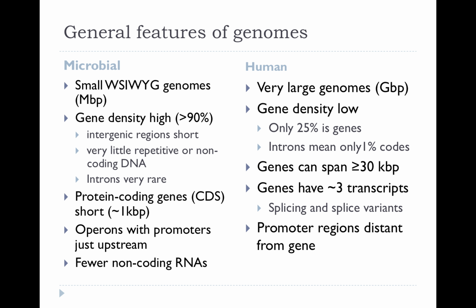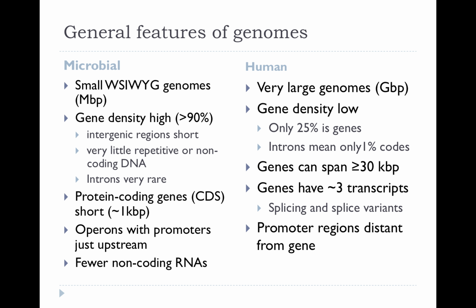Whereas in the human genome, we have all these genes that are spanning massive distances, tens of kilobases, and you also get splicing out of the introns, but you can get differential splicing, so you can get a variety of different transcripts all coming from the same gene.